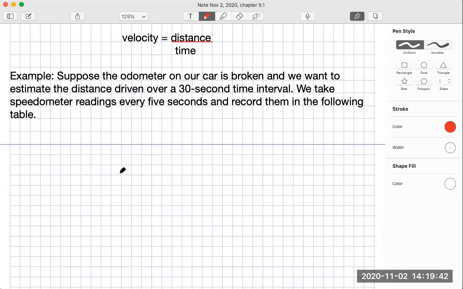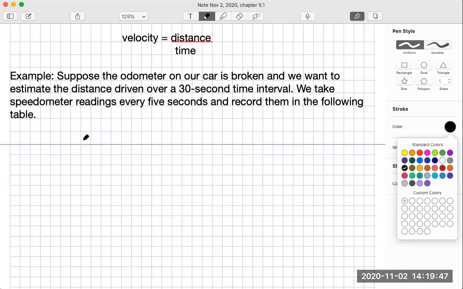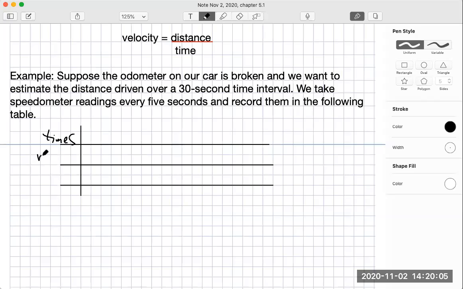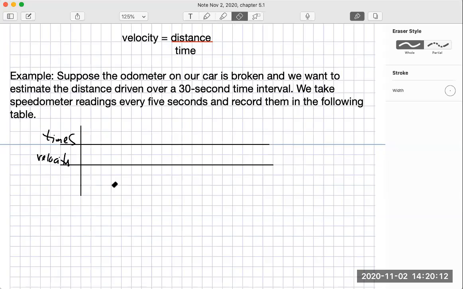Now we're given the table like this. This is times, this is velocity. Okay.